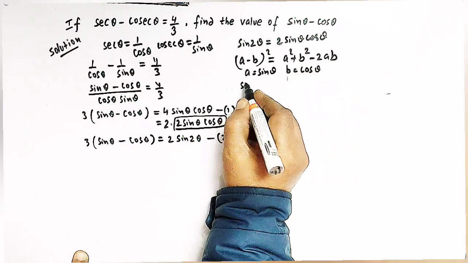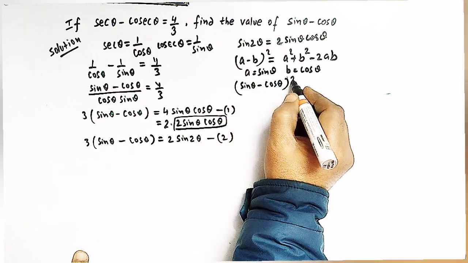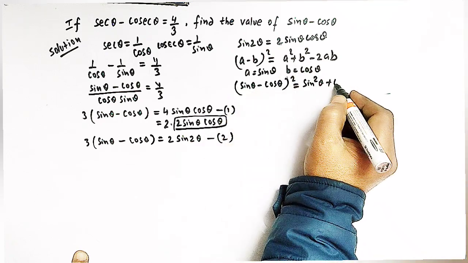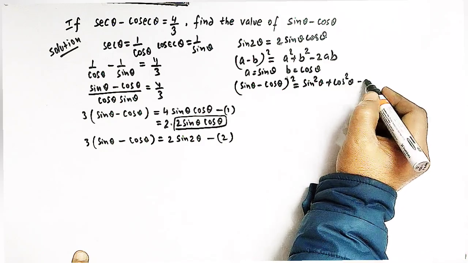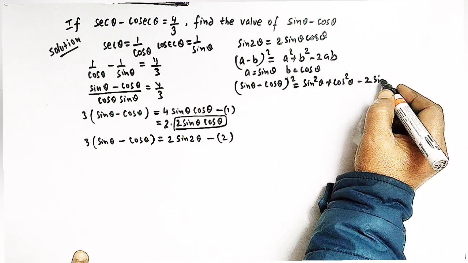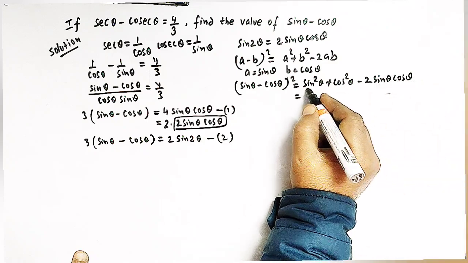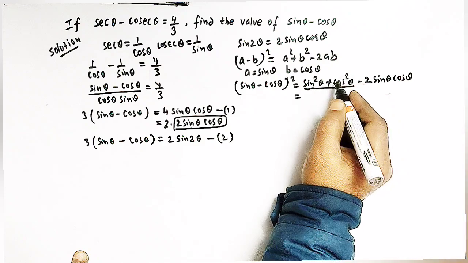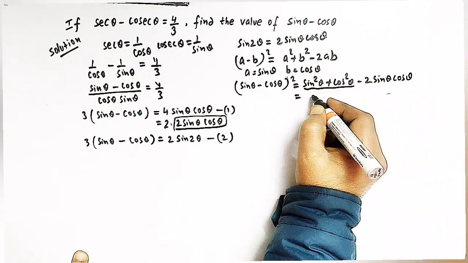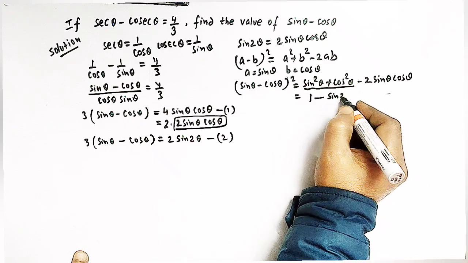So we have sine theta minus cos theta square is equal to sine square theta plus cos square theta, and here we have minus 2ab, that is minus 2 sine theta cos theta. Now sine square theta plus cos square theta is equal to 1 due to the identity, and here we have 1 minus sine 2 theta.